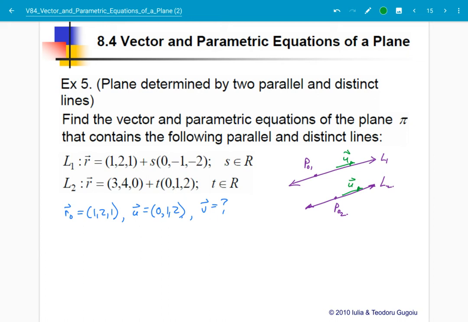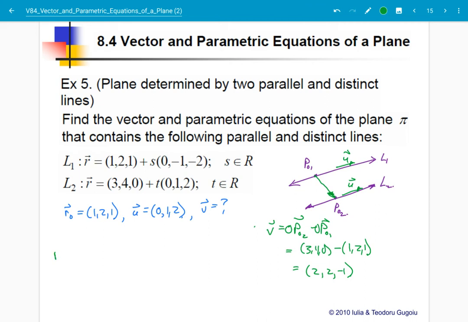We need another direction vector that's in the plane that contains those two lines. Well, the simplest one I can think of is the one connecting the two. So V, I'm going to use V to be P0 2 minus P0 1. And so that's 3, 4, 0 minus 1, 2, 1. So that's 2, 2, and -1.